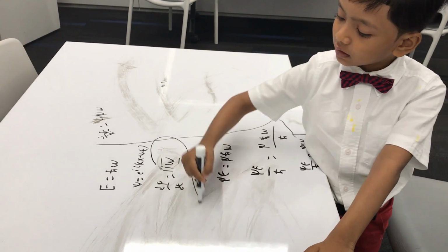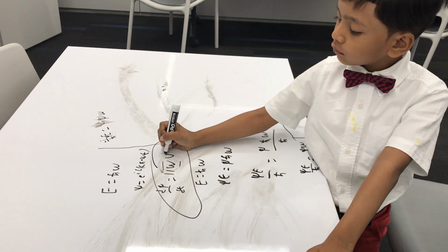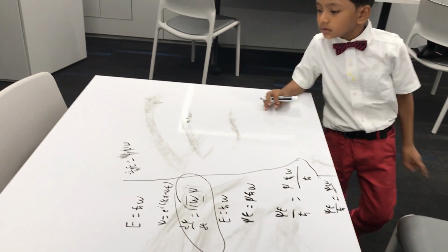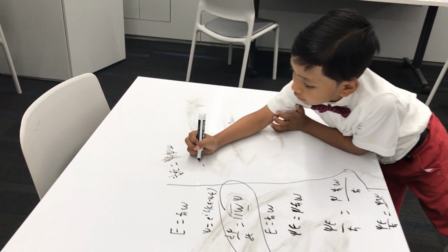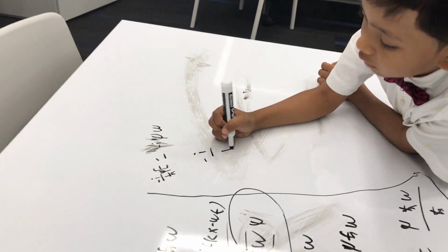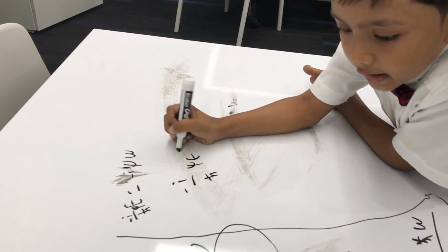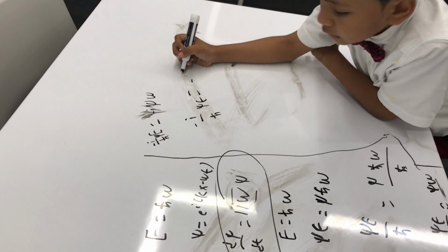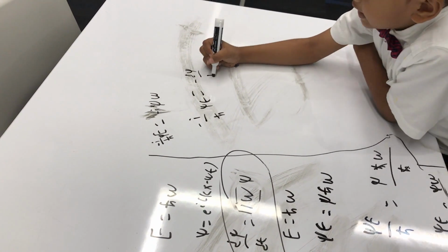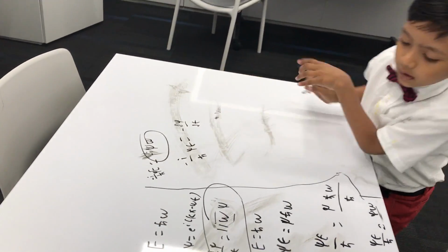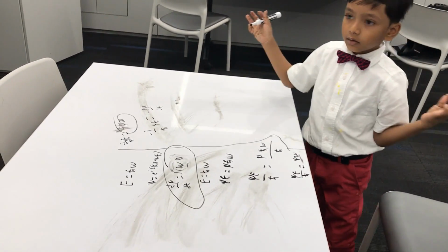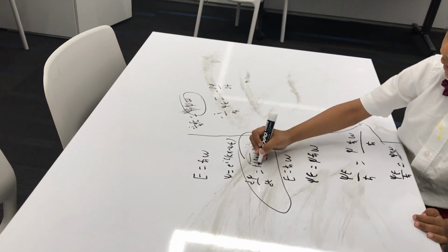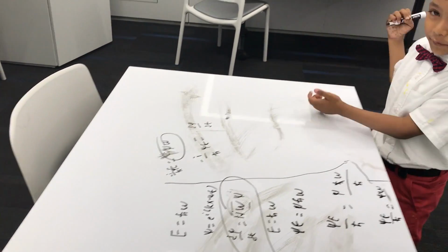I forgot to put a psi here, so I'll do that now. So let's replace it now. Negative i over reduced Planck constant psi e is negative d psi over dt. Since this thing is all negative. Oh wait, it's negative, so it's positive.